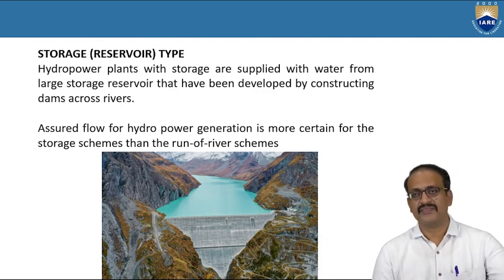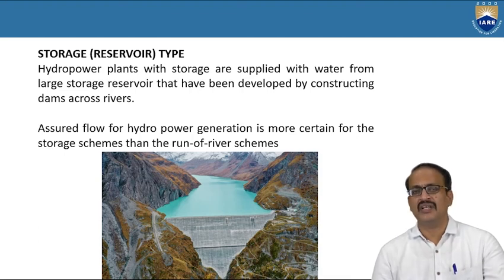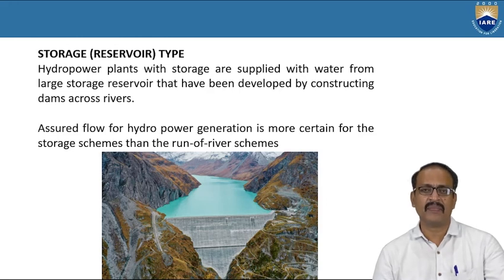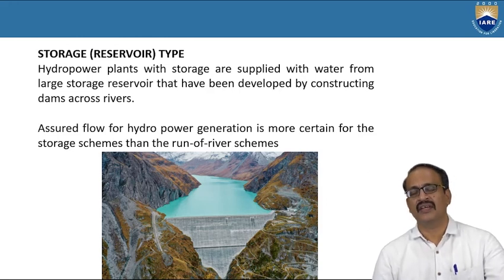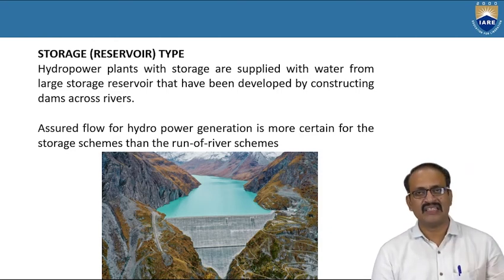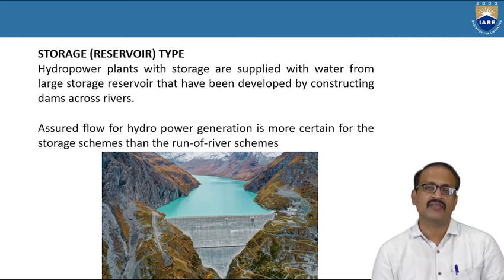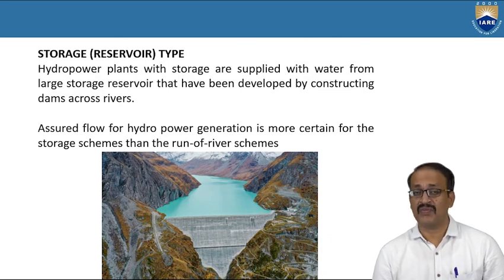If you take a thermal power plant, its lifespan may be less. If you take solar panels, you have to replace them. Similarly, the windmills you have to replace. If you construct a dam, it will last for a minimum of 50 years, normally 100 years, maybe more than that also.